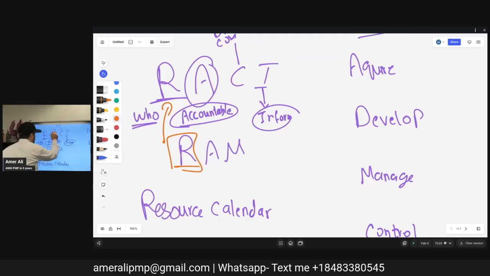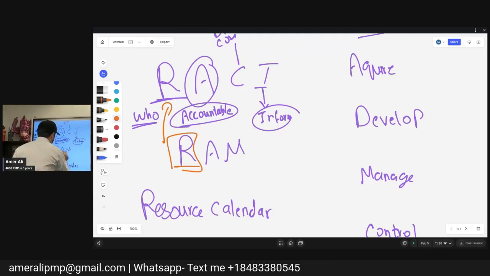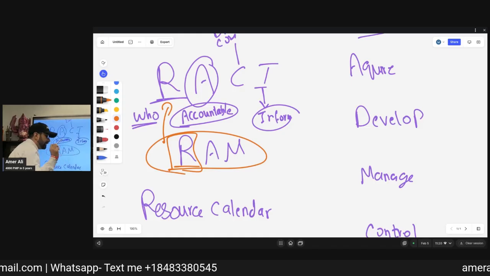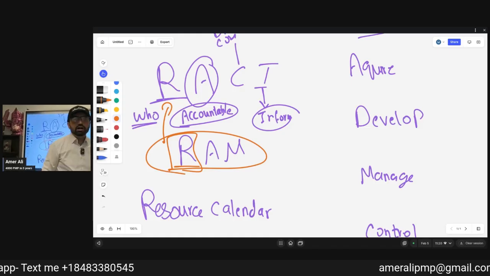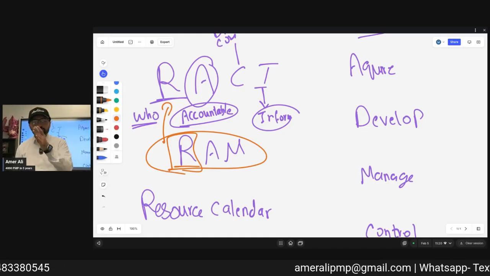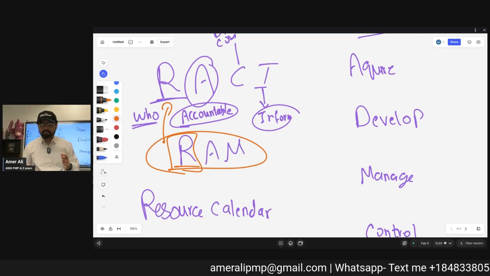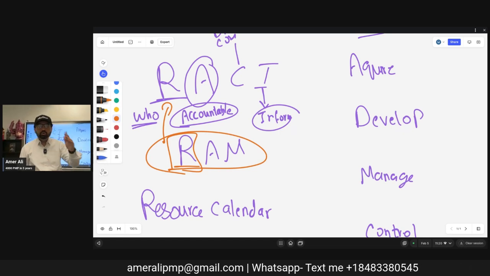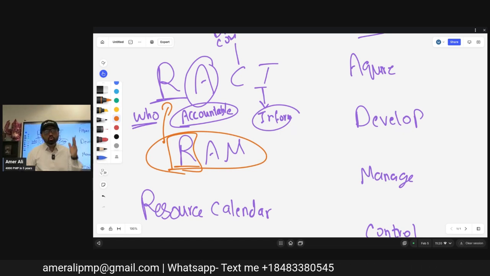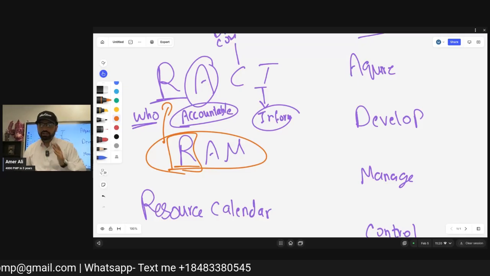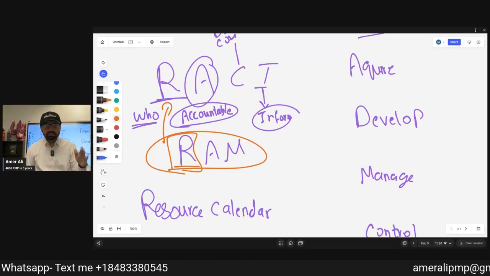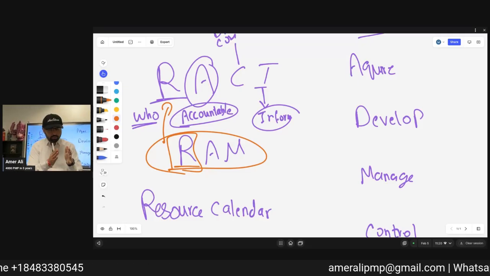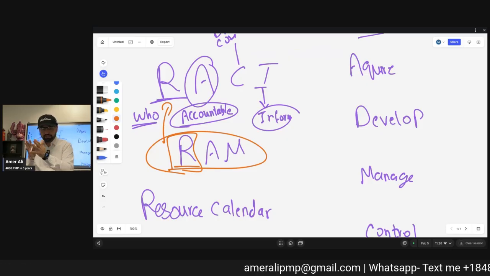It has responsibility, accountability, consult, inform, whereas the RAM only has the responsibility part. Who is responsible for that particular element? That's it. Nothing more.